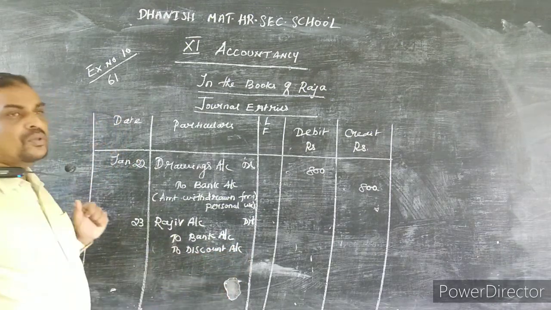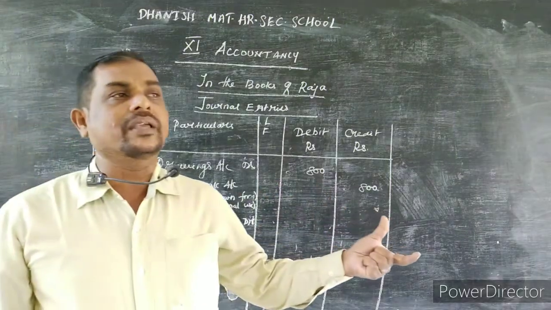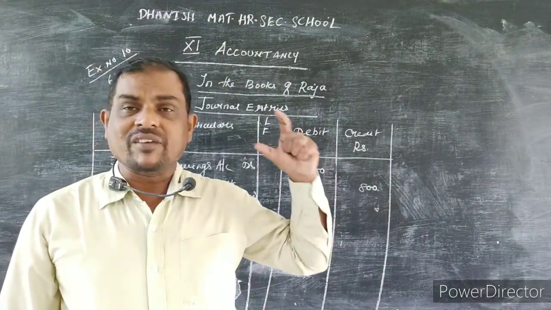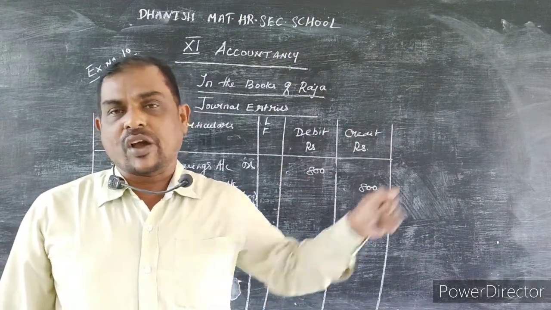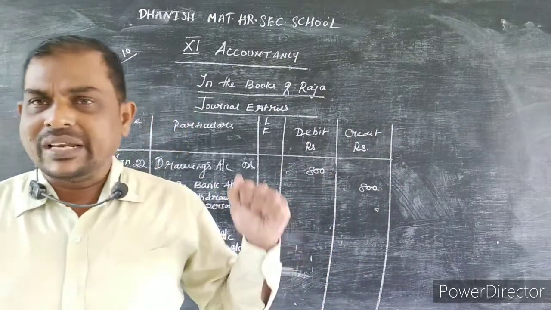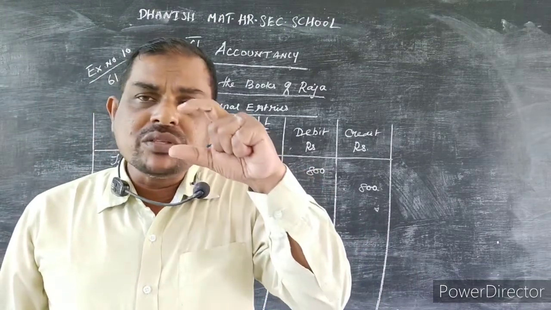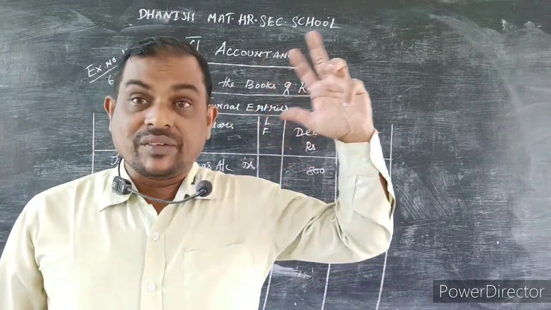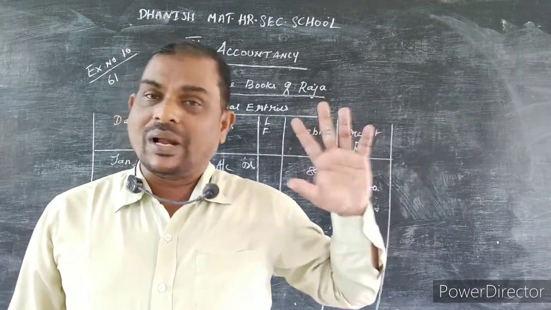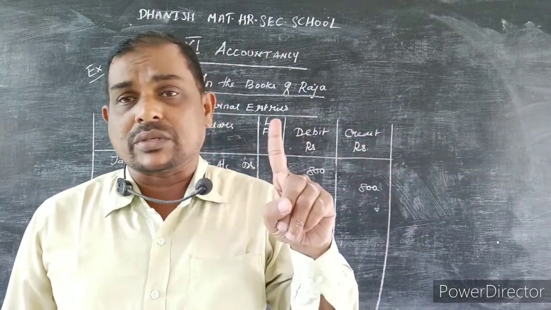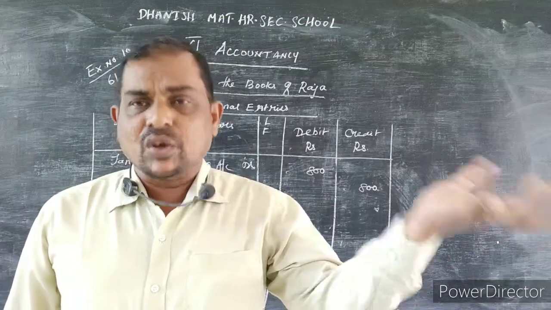See, when I am using the words full settlement, we have to use whatever the amount of goods I purchased from Rajiv, that amount only you have to mention. Actually I paid only 99,000, but the words full settlement mean I actually purchased for 1 lakh. So you have to put 1 lakh rupees in Rajiv's account. You should not put 99,000, because full settlement means he is allowing the discount.